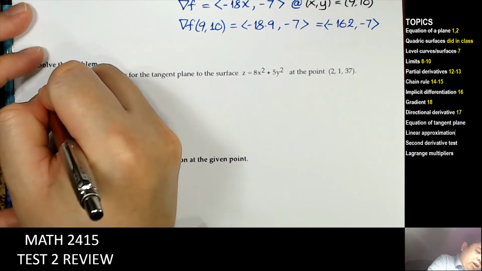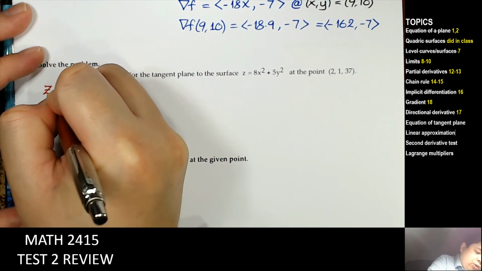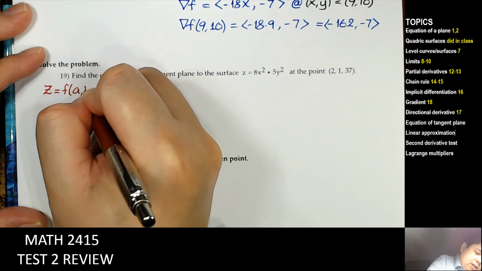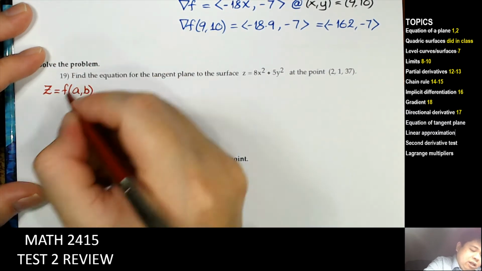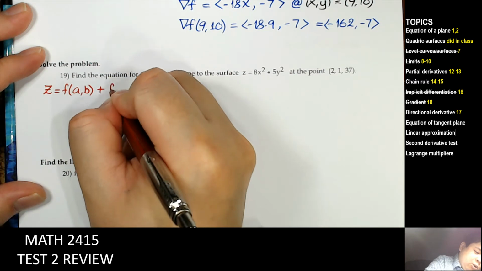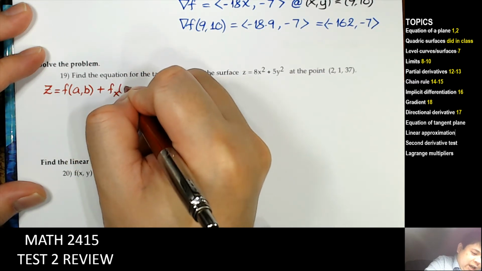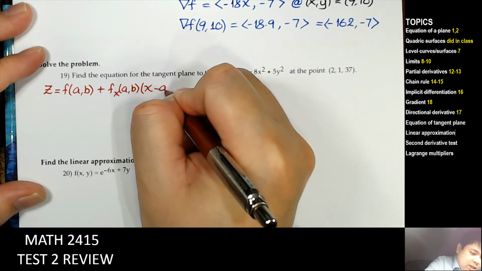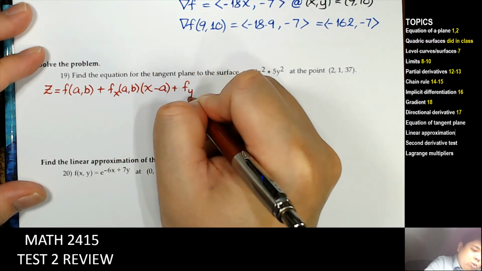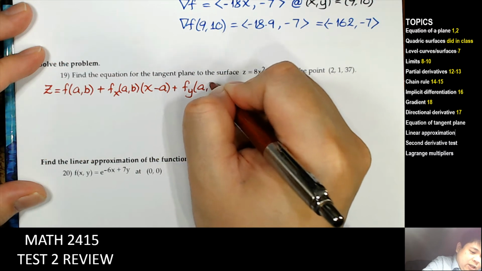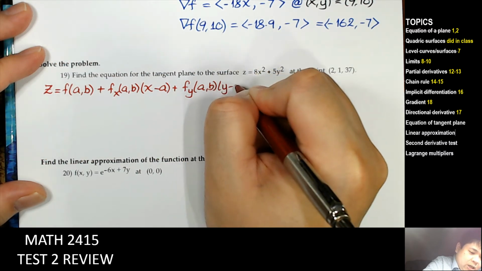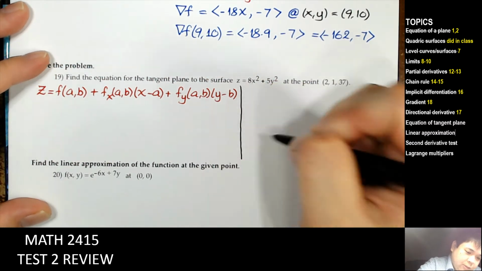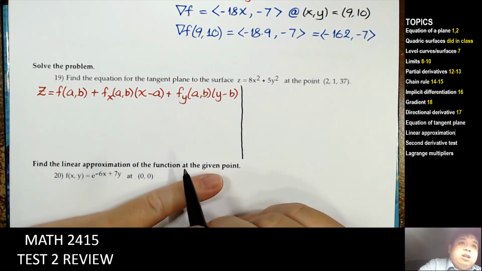The equation of a tangent plane: z equals the value of the function at point A and B, plus the derivative with respect to x at A and B times x minus A, plus the derivative with respect to y at A and B times y minus B. Now we have the function like that.